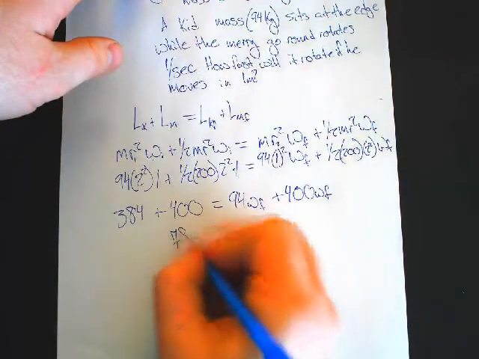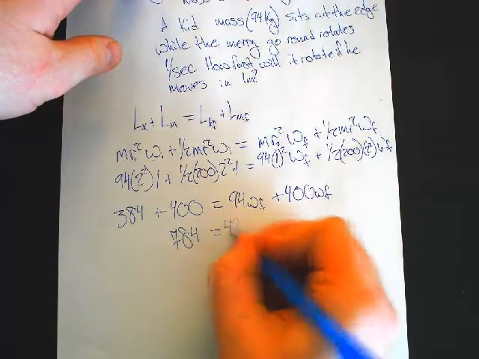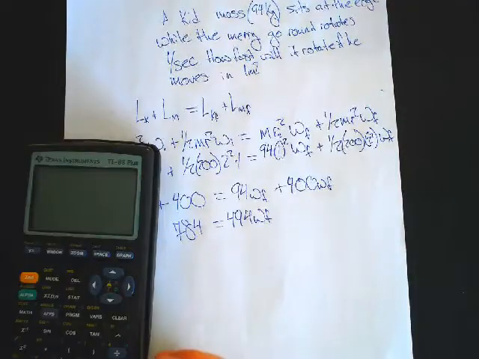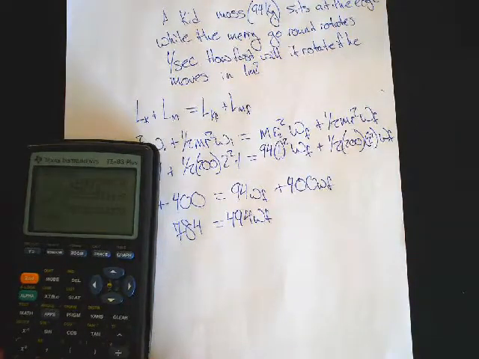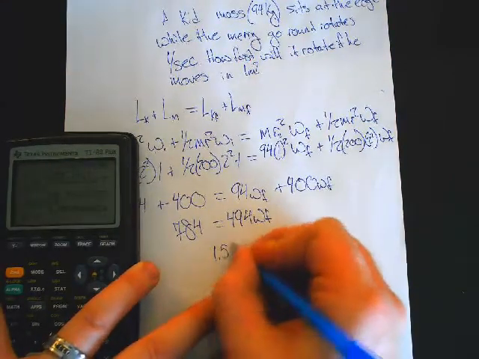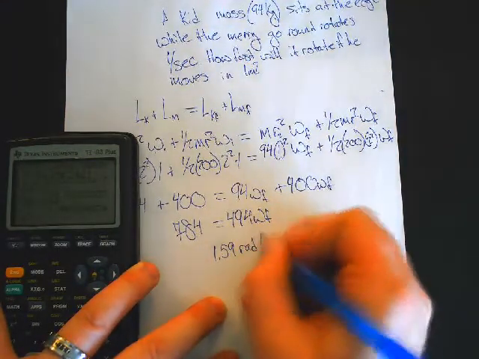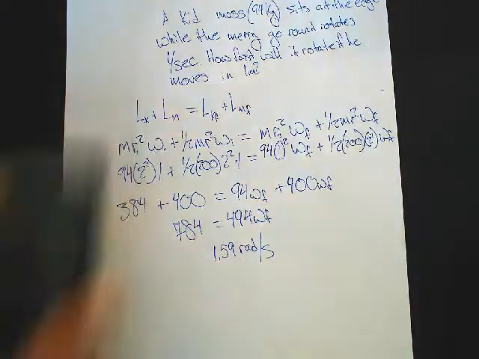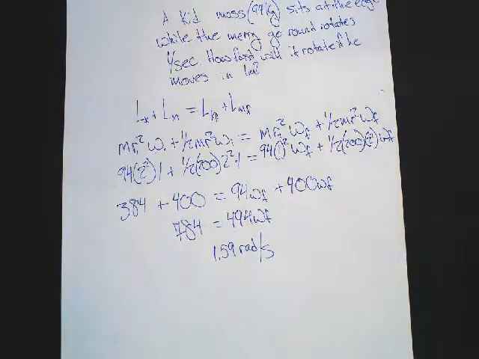Simplifying, 784 equals 494 omega f. Divide, and I've got my answer. 784 divided by 494 tells me that it's now rotating at 1.59 radians per second. So it did increase, but it didn't double because the merry-go-round itself didn't change.